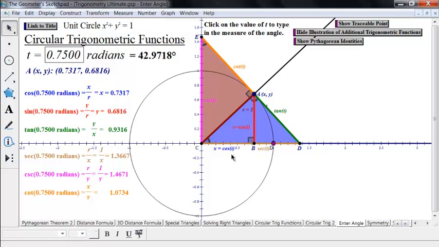Okay, so again, if it's in a different quadrant, that length would be the absolute value of the secant, and you just have to put the appropriate sign on it. Similarly, let's look at this triangle up here, the kind of brown triangle. Again, it's a right triangle with one of the legs here being the radius of the circle, so it's 1. Now think about the way this is set up.